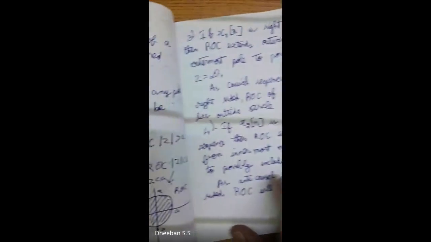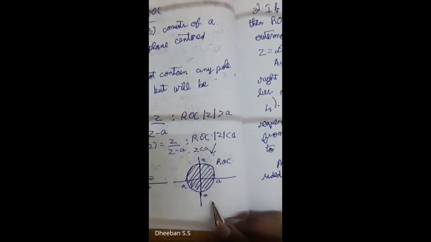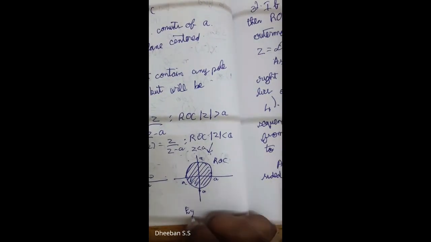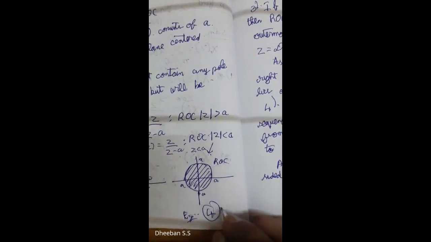So the best example is this. So this is your left-sided signal. So this is for your fourth point example. Okay.